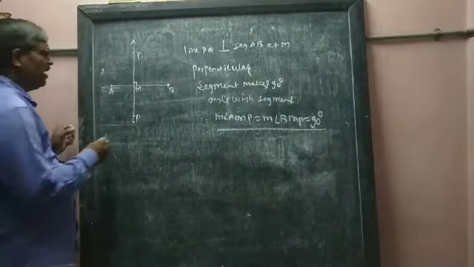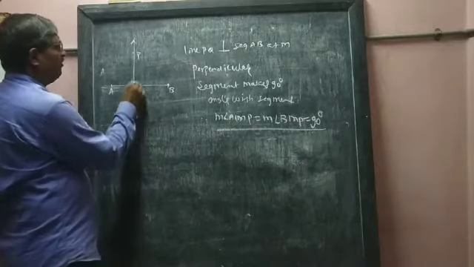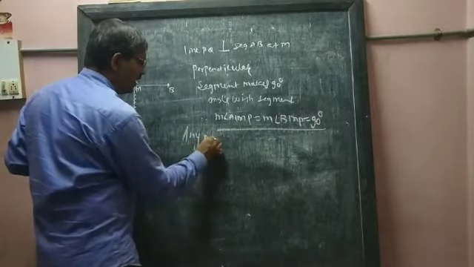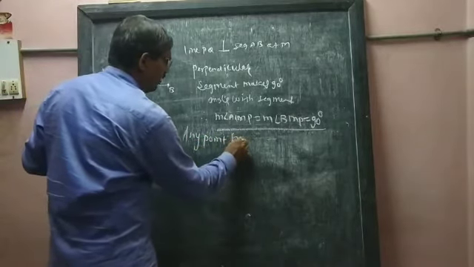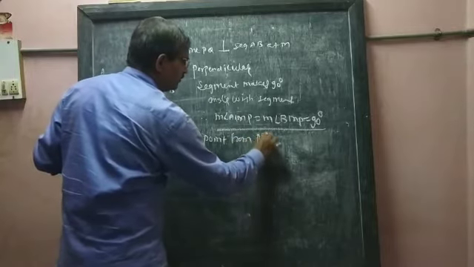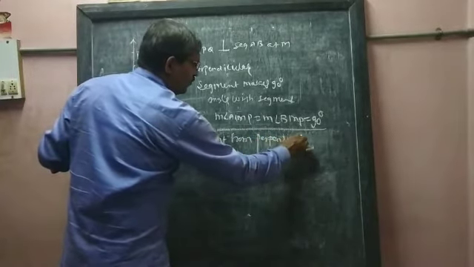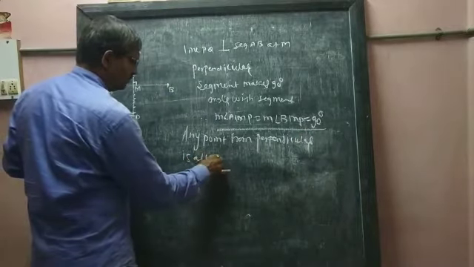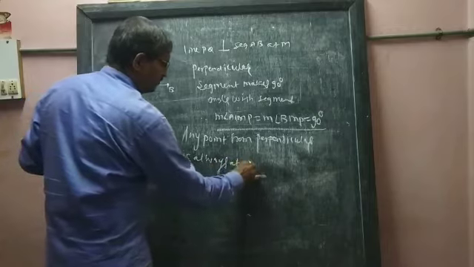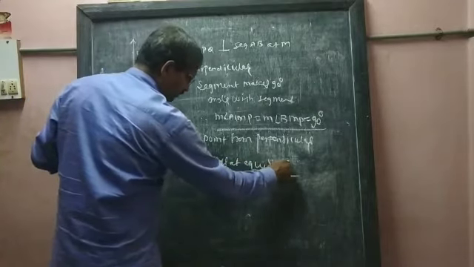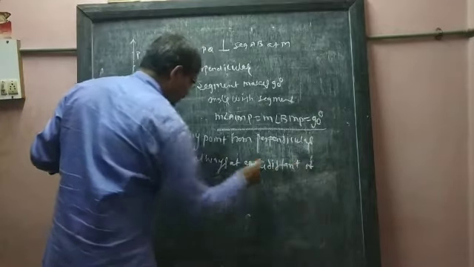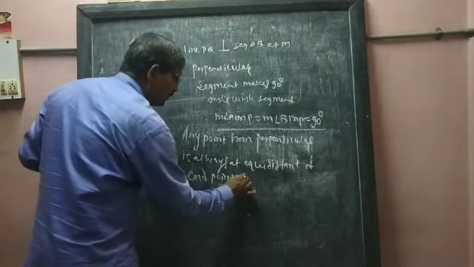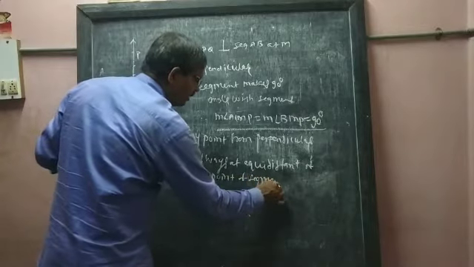Now the main thing is that any point on the perpendicular is always equidistant from the endpoints of the segment.